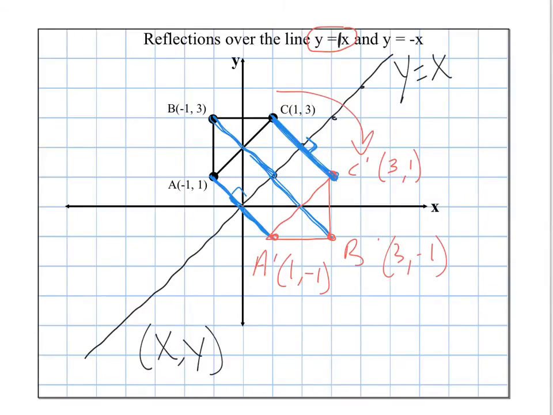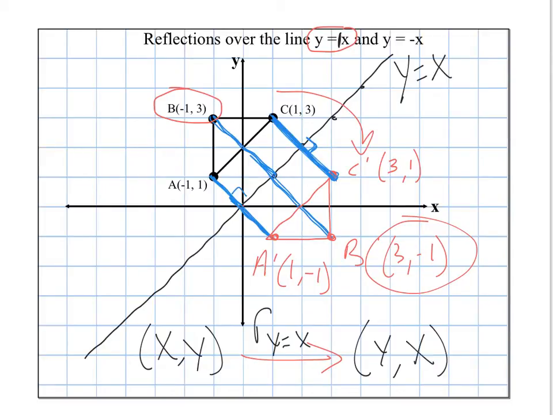If we take a close look at the points, let's just take B for example. Negative 1, 3 became 3, negative 1. Hopefully you'll see that in a reflection over y equals x, it looks as though the coordinates have been flipped. So xy becomes yx.